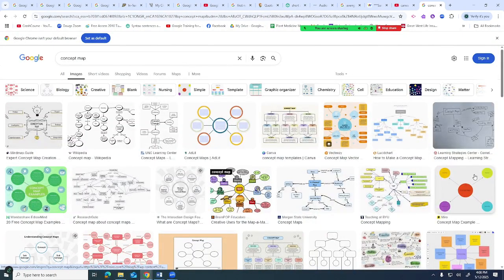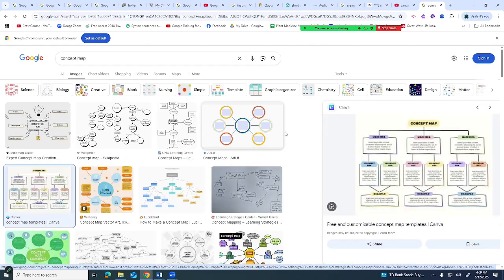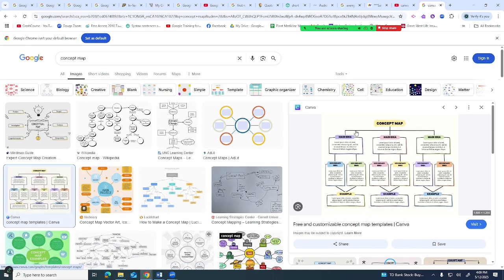Okay, so there are a variety of different structures or formats for concept maps. We have that central one with the spokes going out, or this one, the hierarchical type of example right here. I have it up on the right of the screen right now with the different main ideas and how they are connected.